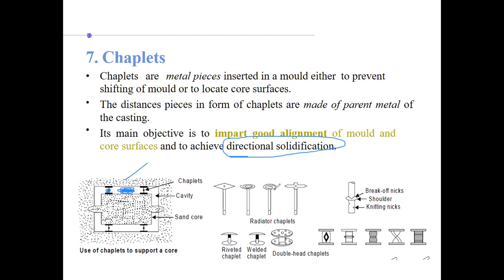So here you can see different types of chaplets, right? Riveted chaplet, welded chaplet, double-headed chaplet, right? So you see, they are there to support this core also, and ensure that this mold, the other sand, does not come into contact with the core.